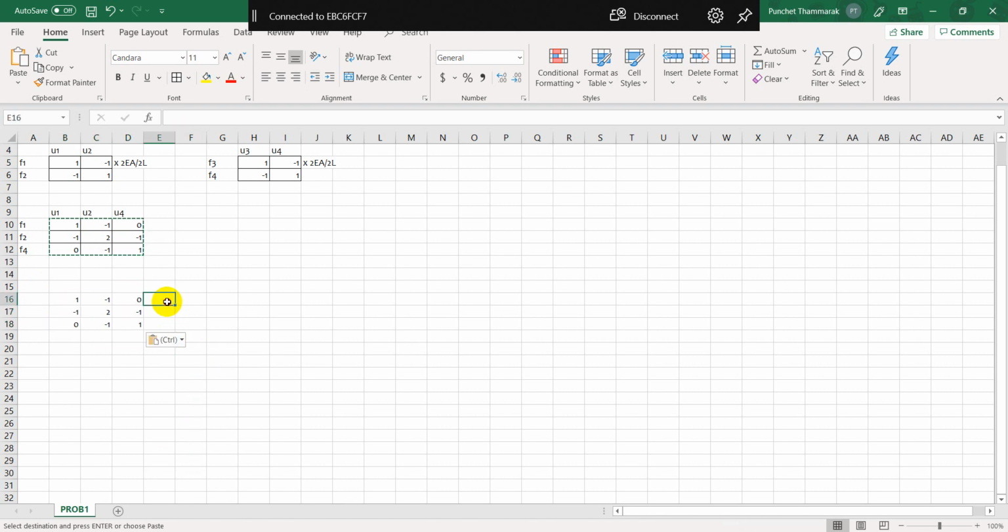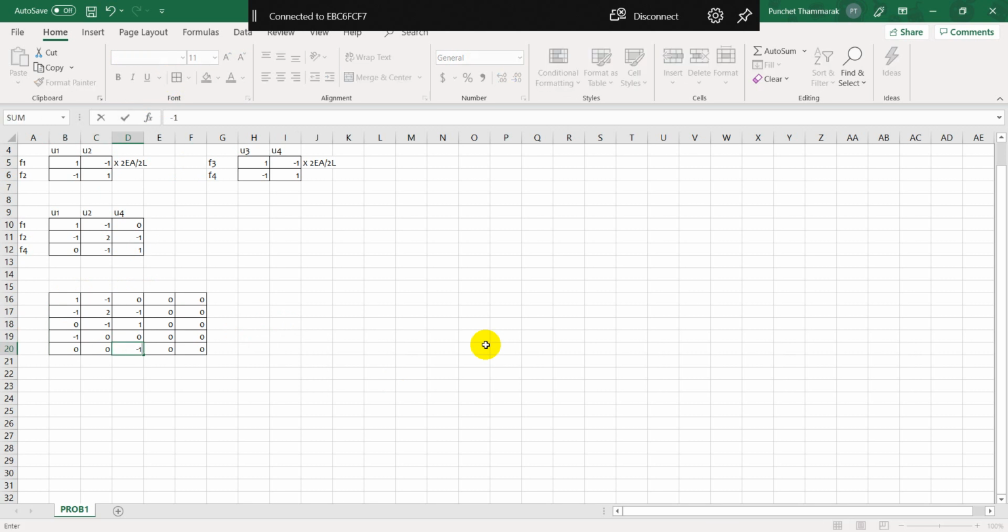Okay. And then I will have 2 additional rows and columns. Zero them out. All right. So first of all, I will have the -1 here and -1 here, -1, -1.